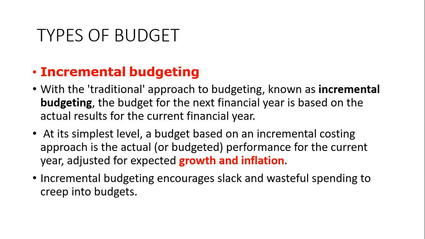You see, they are using year, so the period is the main issue, adjusted for growth and inflation. Incremental budget encourages slack and waste, because people may lie that there's growth and this and that, and they insert it in and collect the money, or the money is wasted. Maybe the increase is not because of inflation.